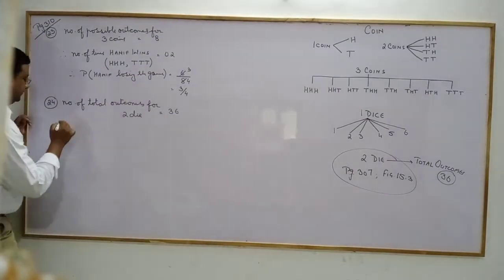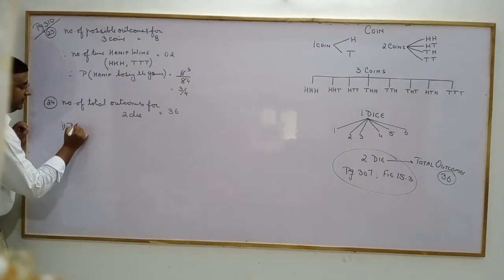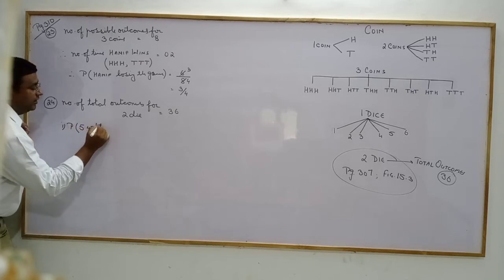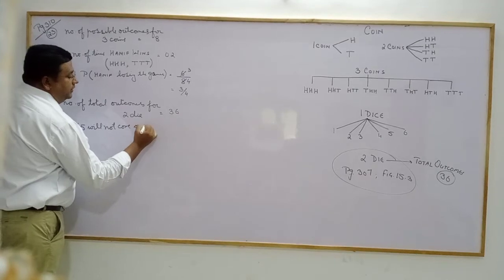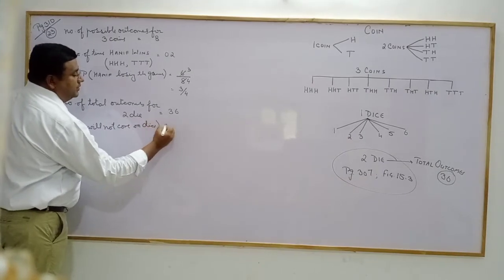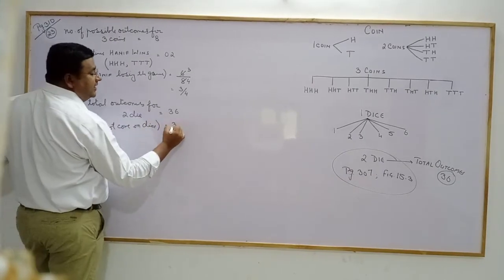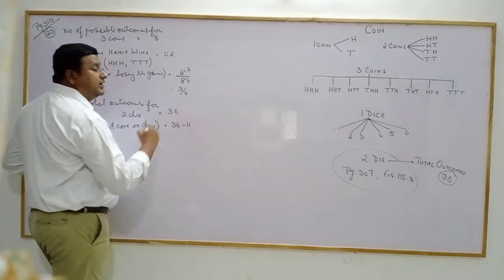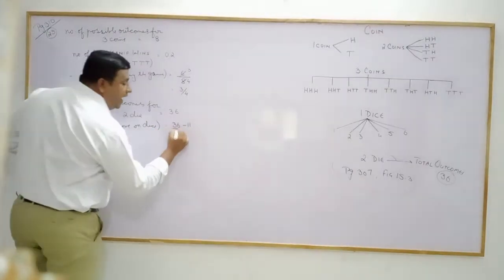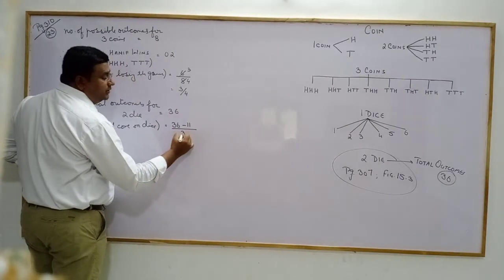Second part, he says 5 will come up at least once. The first part, probability that 5 will not come on dice. Out of 36 times, 5 is coming 11 times. Correct. Out of how much? 36.